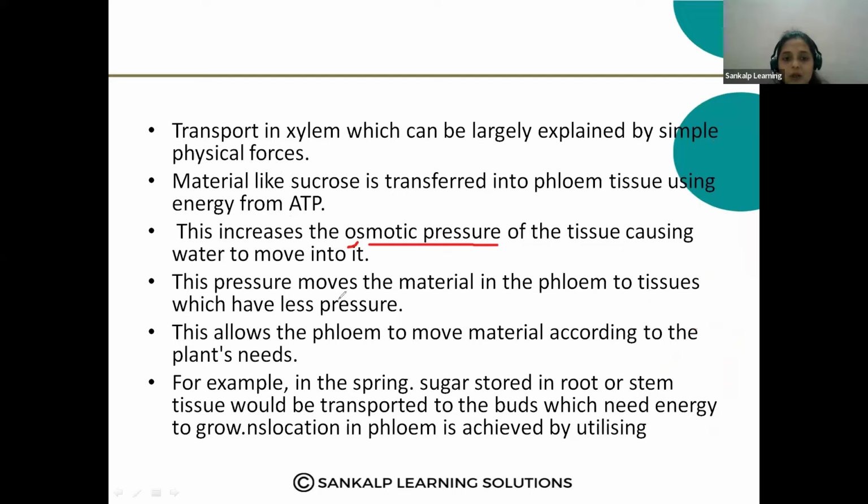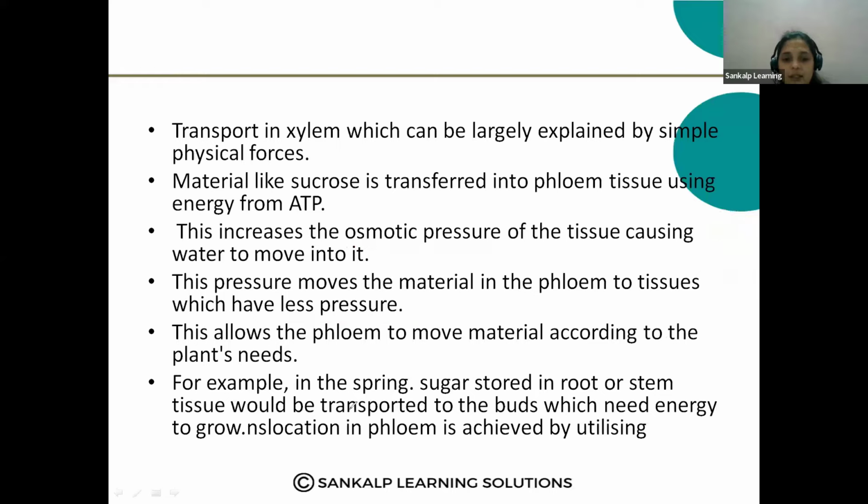So this pressure moves the material inside the phloem tissue which has less pressure. This osmotic pressure helps the movement of the material inside the phloem, from the high pressure area to the less pressure area. According to the plant's needs, the food material is transported. For example, sometimes to the growing tips, which need food material for growth.